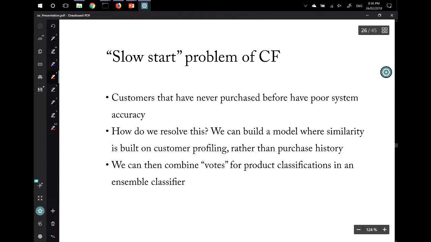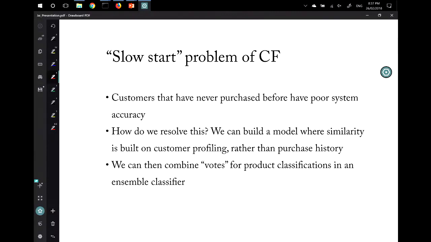So how to deal with a slow start? Slow start means that initially, especially for new stock, there is no purchase record, so the traditional recommendation system cannot do that well. So based on the profile and the description of the items, you need to do this kind of matching process.